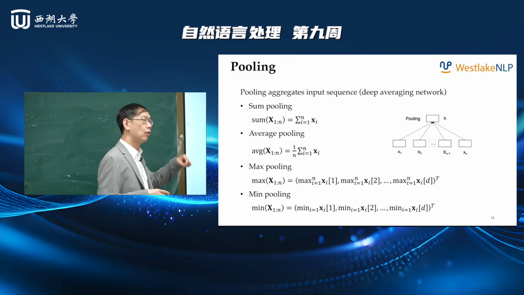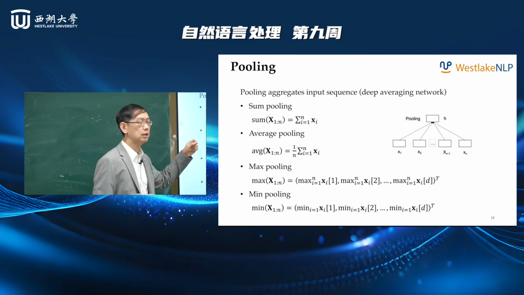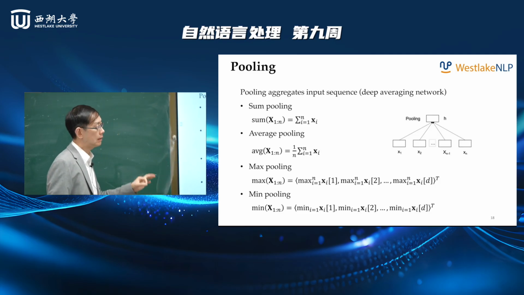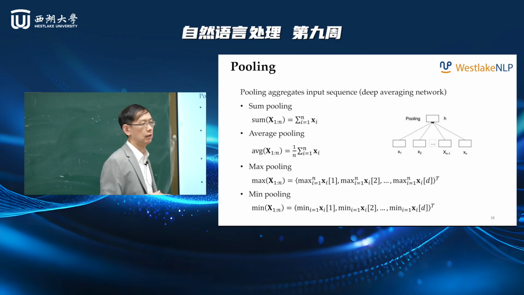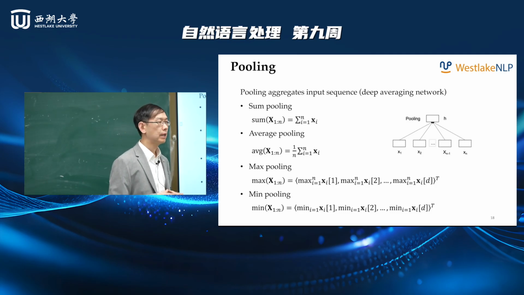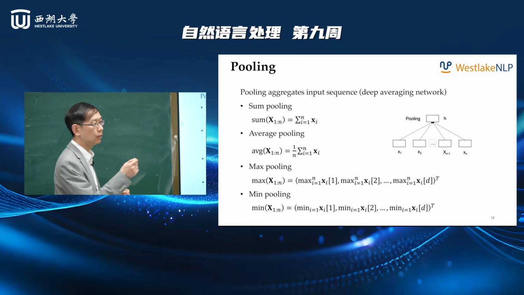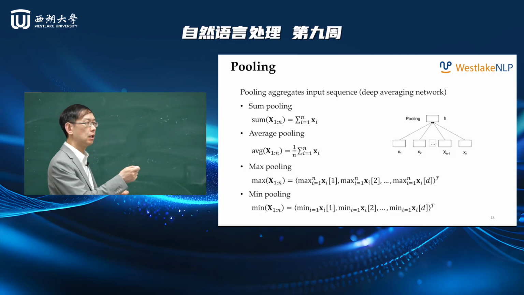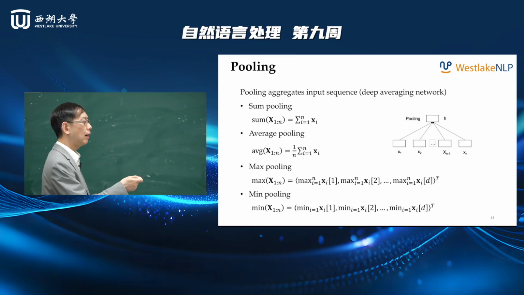The bigger the value is, the more positive it is. The smaller the value is, the more negative it is, right? So maximum pooling, if you do it on this bit, it means I pull out the maximum positive sentiment in this feature. So I had a nice day.